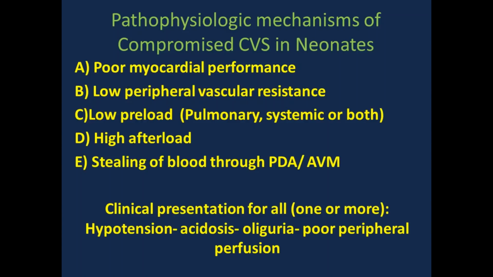The clinical presentation for all of these mechanisms could be hypotension, acidosis, oliguria, or could even be normal blood pressure, or with poor peripheral perfusion. So hypotension is just one marker among these different clinical presentations or surrogate markers, but it does not really reflect what the pathophysiologic mechanism is.